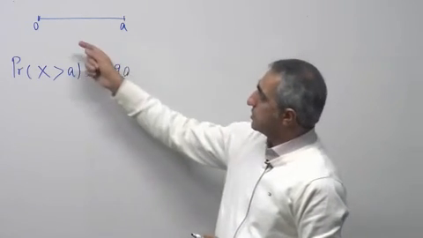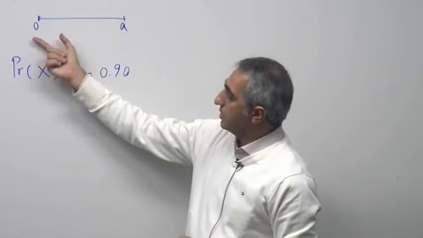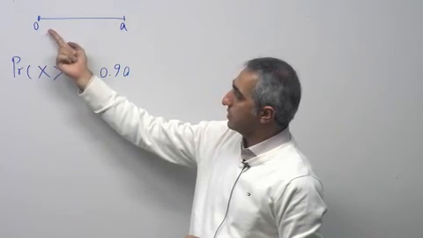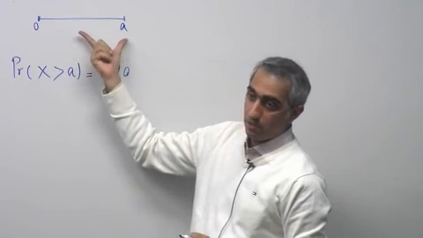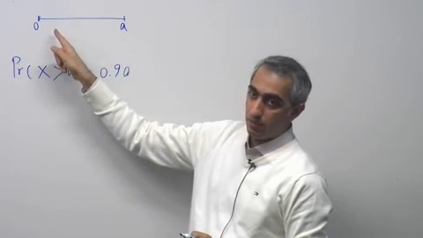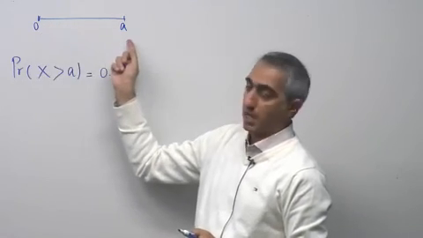So I want to find an interval such that the probability of no logon in this interval is 0.9.